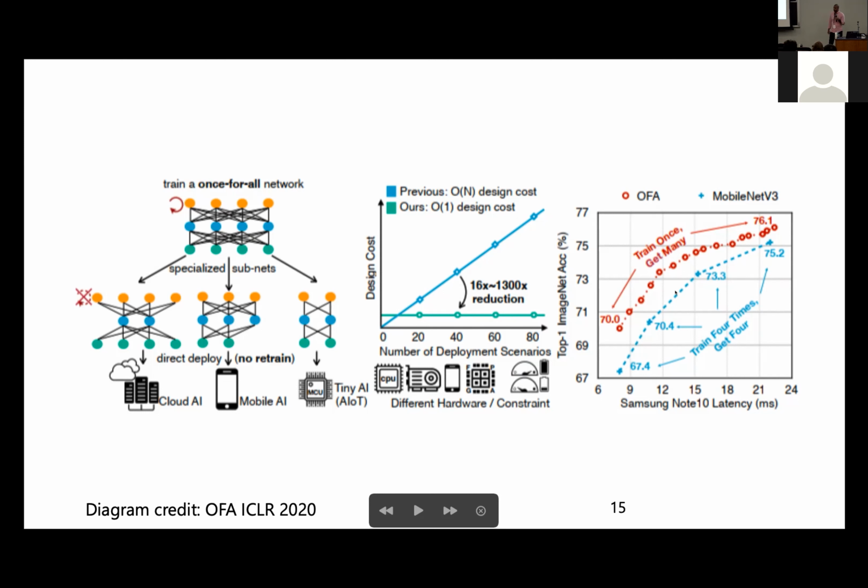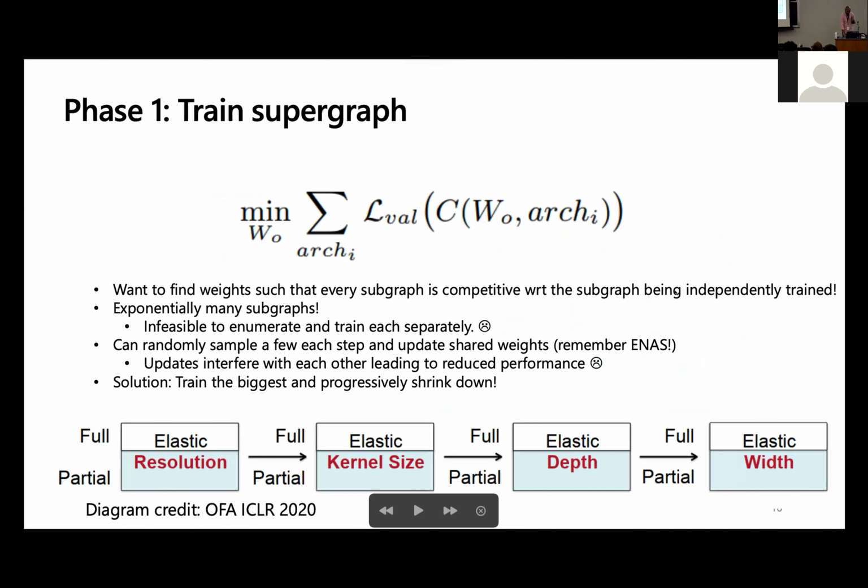So that's the idea, and you can take in different hardware and constraints. I'll give you a very quick sketch. One of the things they do is take the largest network first and train it to warm start the supernet.